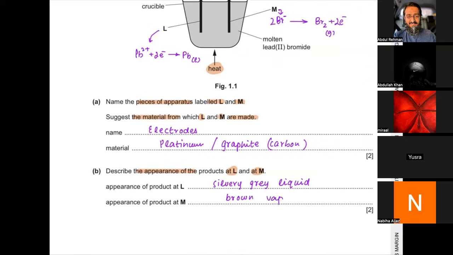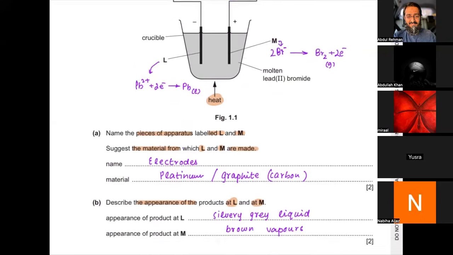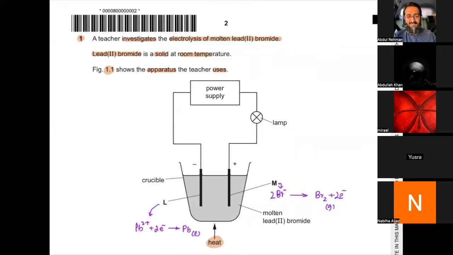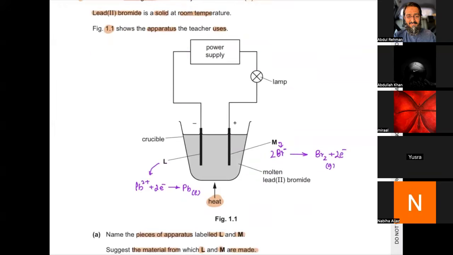Is this understandable to all of you? Shouldn't L be a solid because it's going to be deposited on the electrode? Yes, but if you recall, we are doing the electrolysis of a molten substance, and for that we need to heat it, right? So we need to continuously heat the container to keep the lead bromide molten for the whole process.